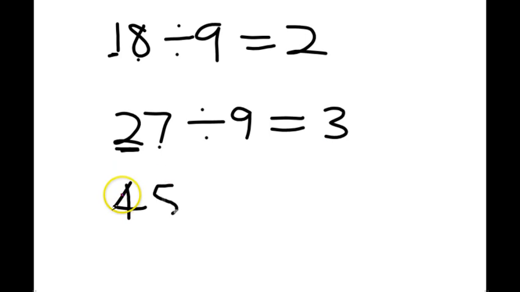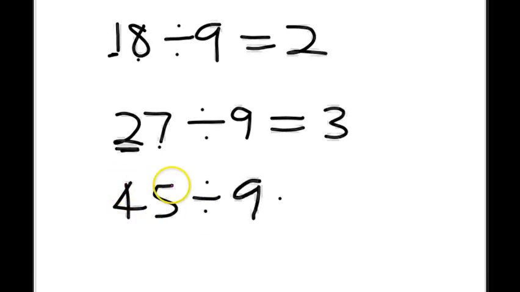Let's see 45 divided by 9. Because 45 is divisible by 9, just add 1 to the 4 and the answer is 5. Meaning 45 divided by 9 is 5.